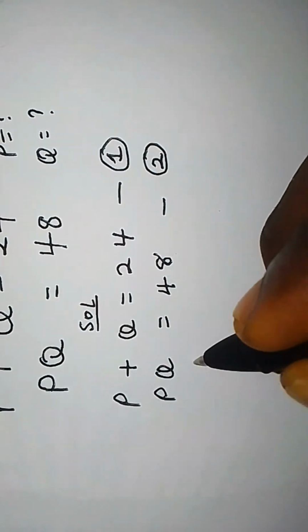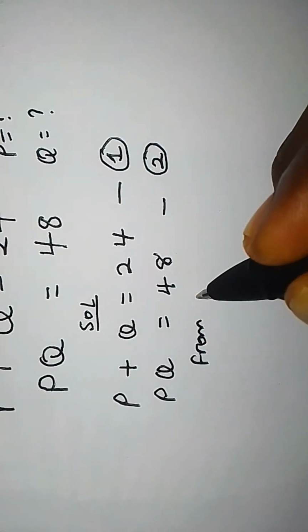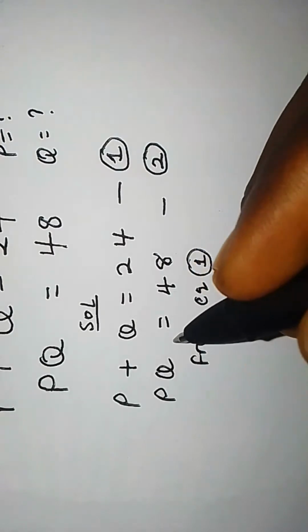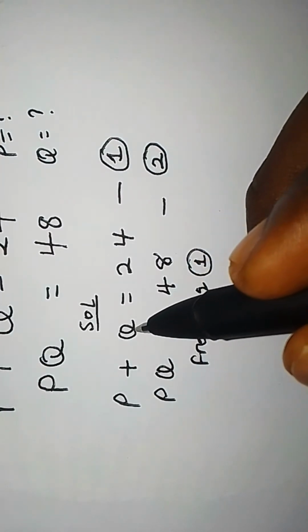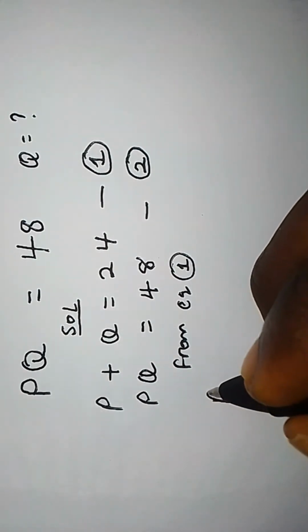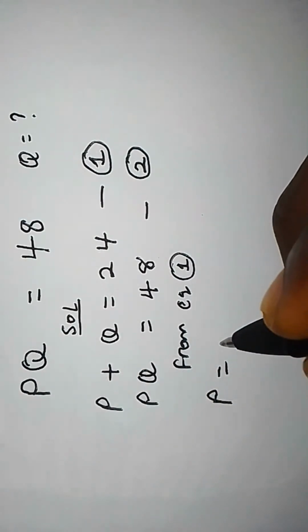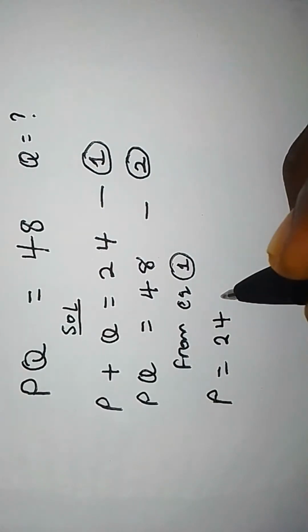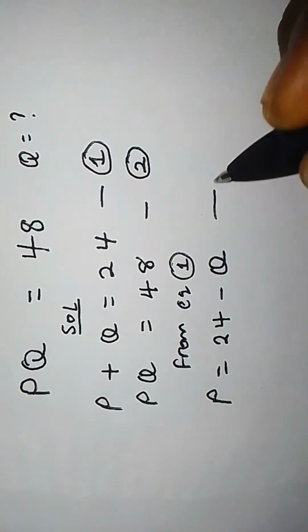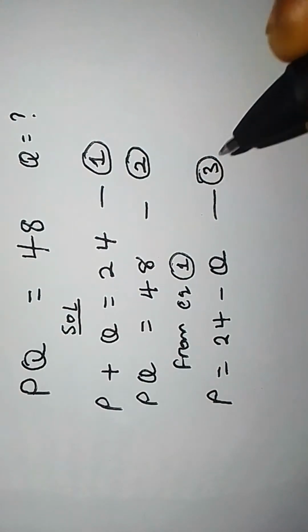So from equation 1, if we move Q to the right hand side, we're gonna have P equal to 24 minus Q. Let us call this the third equation, equation 3.